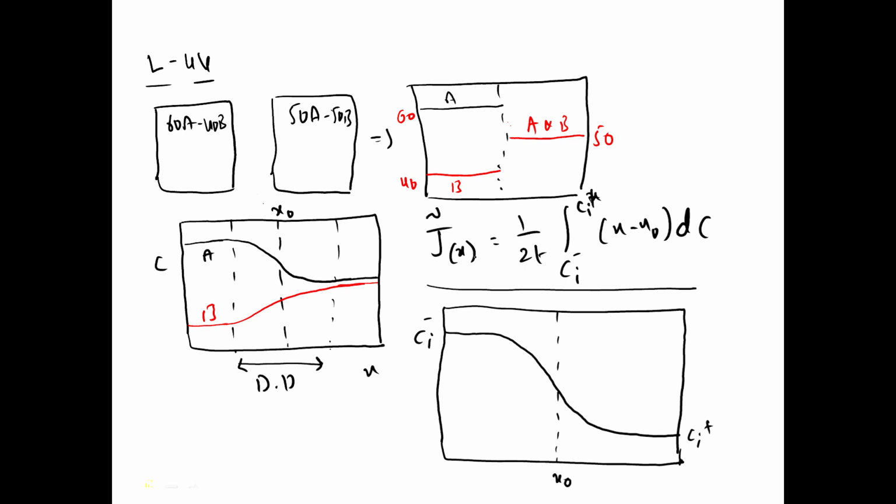If you want to determine the flux at a particular position or composition, you first need to determine the area under this graph. That brings about this term, and if you divide it by 2t, you will get the flux at that point.